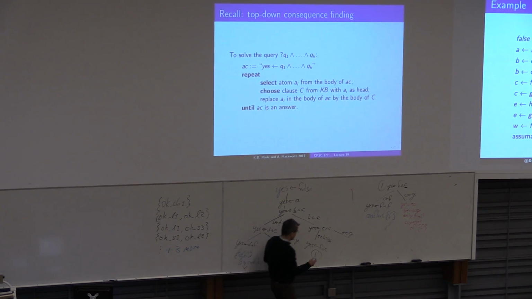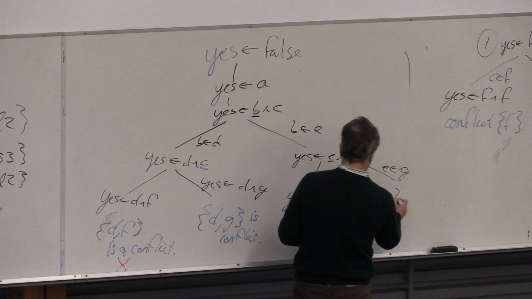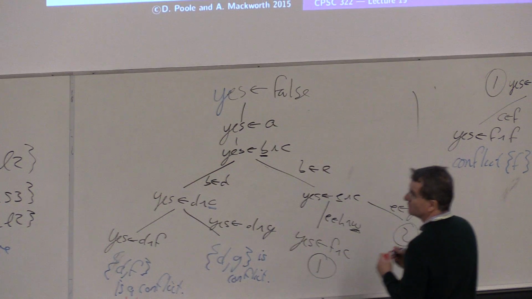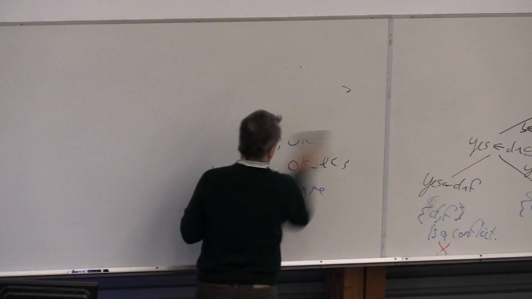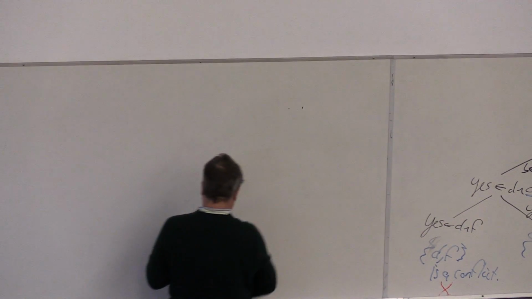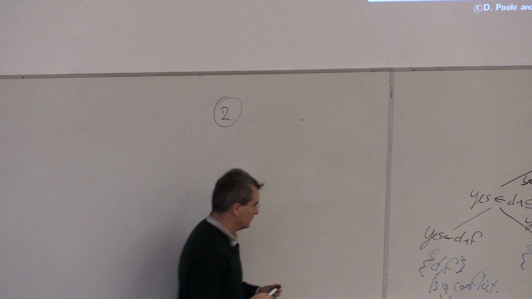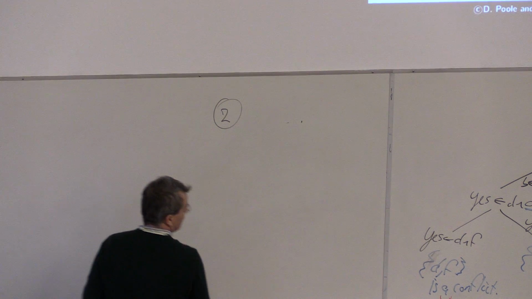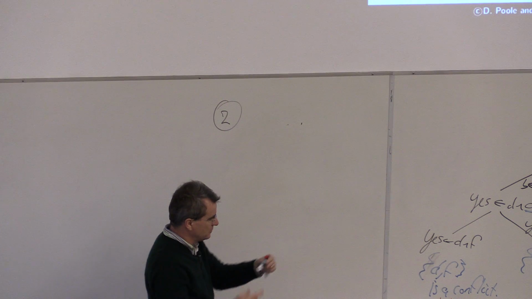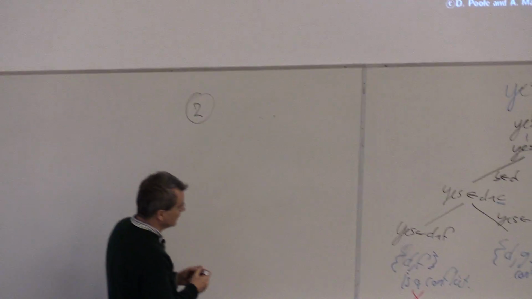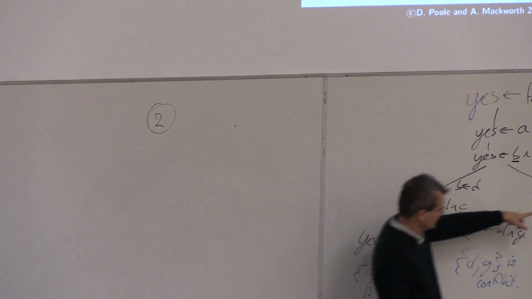So E if G, let's do position 2. Oh, let's do 2 over here. What is the clause? I can't see it. What's at position 2? Can someone read it out to me? Oh, this one here, this branch here. What's the answer?